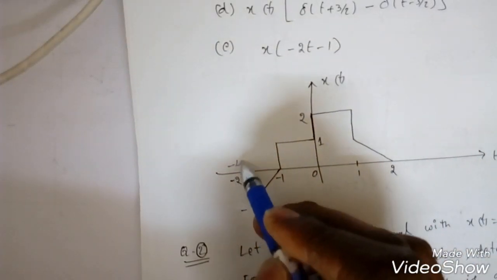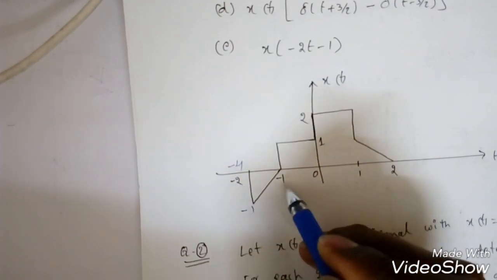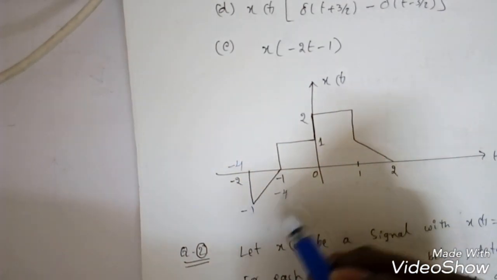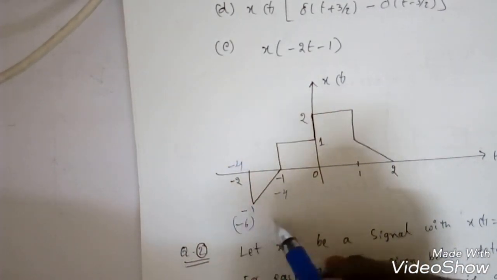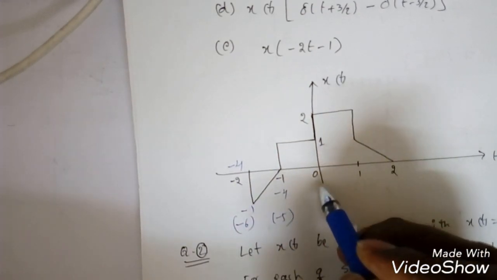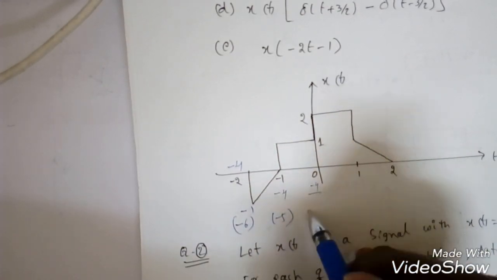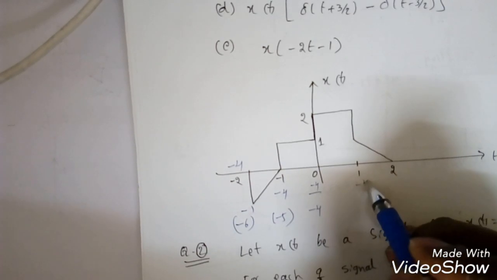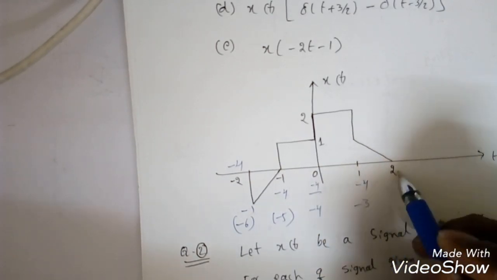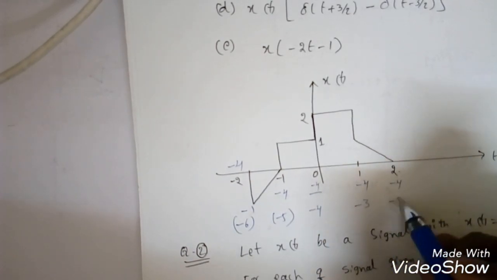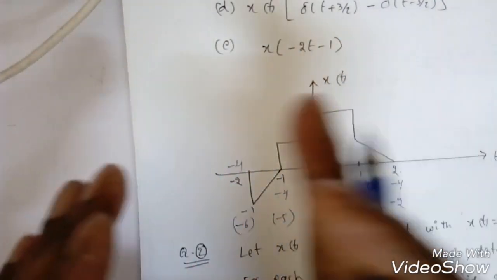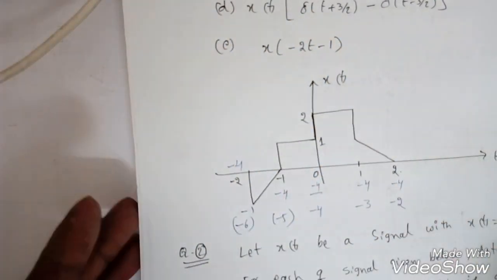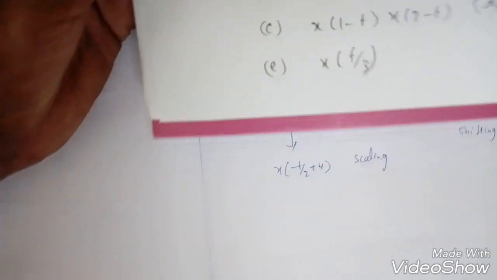So -6, -5, 0 becomes -4, 1 becomes -3, 2 becomes -2. Now it will be shifted to the left side by 4 units.